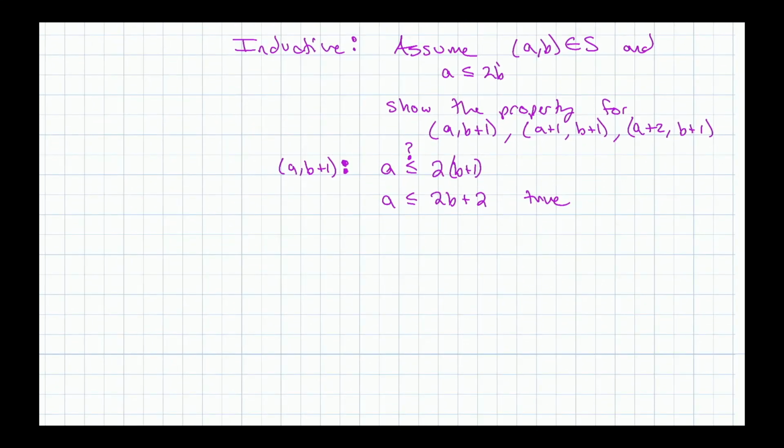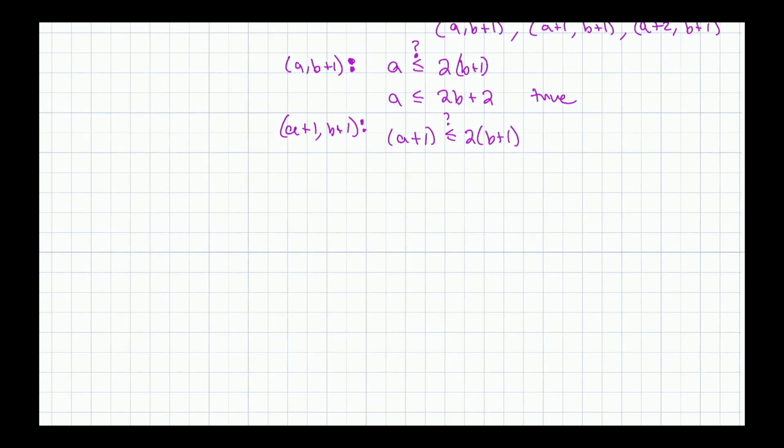All right, what's the next one? (A+1, B+1). So is A+1 going to be less than or equal to 2(B+1)? Again, I don't know if that's true. A+1 is less than or equal to 2B+2.